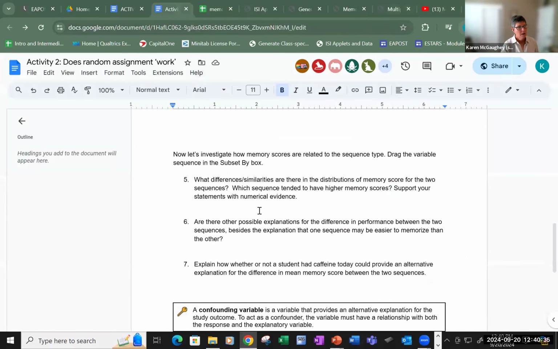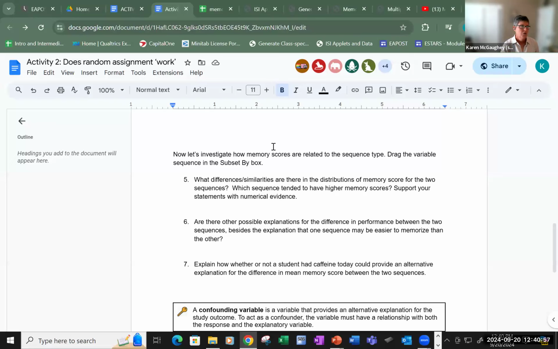All right, and then at this point, I would want to stop and ask students, do you think there are other explanations for this difference in performance between the two sequences besides the fact that people got different sequences?